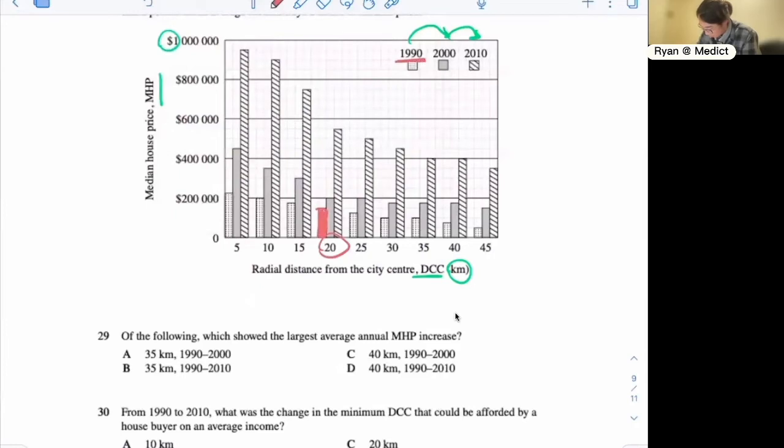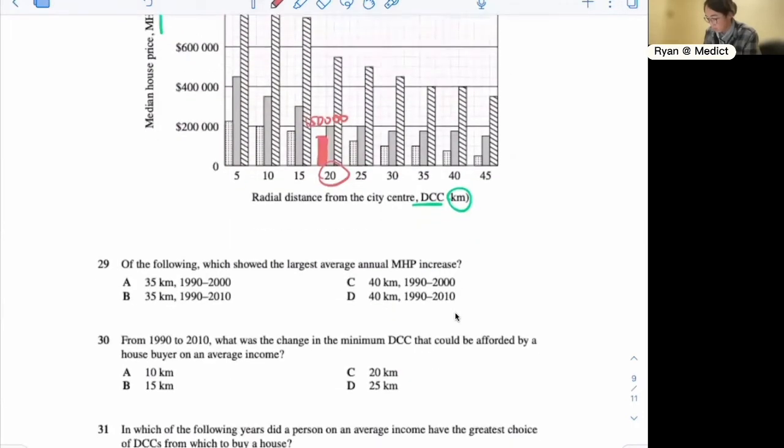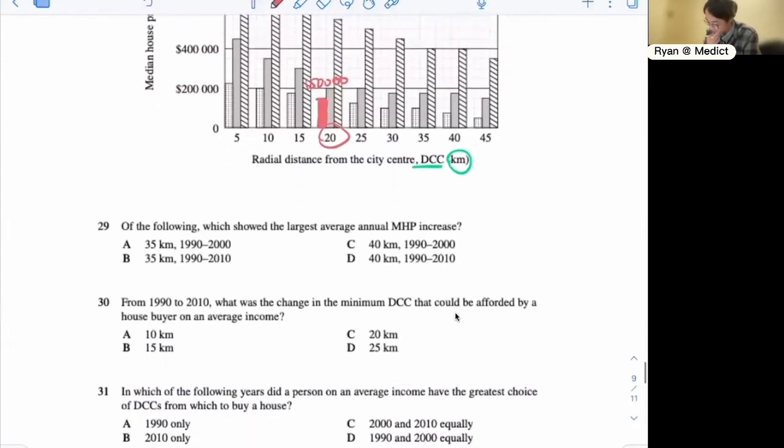So the MHP is $150,000. That's basically everything the graph wants us to know, and by understanding that, we can just move on to the questions.